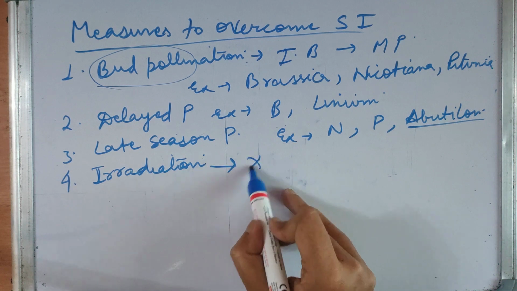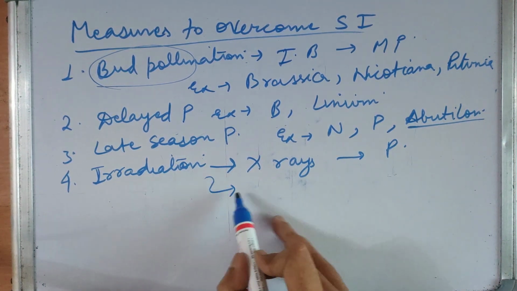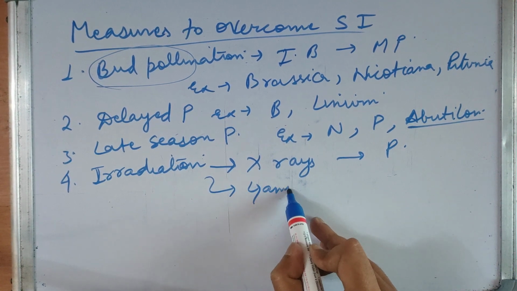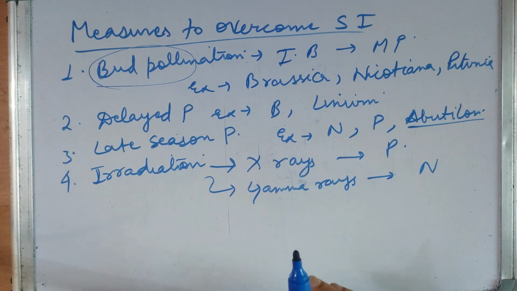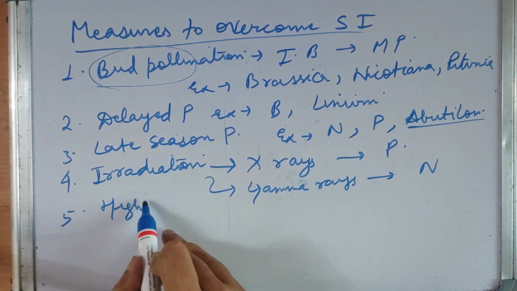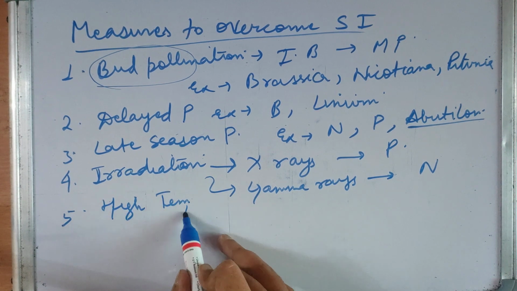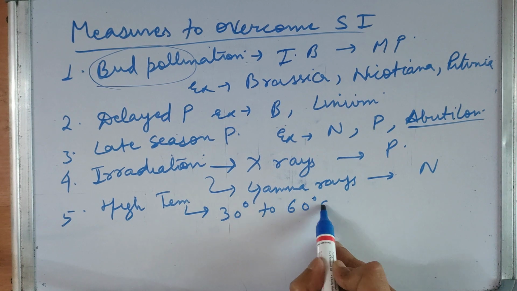We can do irradiation with X-rays, as seen in Petunia. We can also do irradiation with gamma rays. For example, it can be seen in Nicotiana. We can also use high temperature, that is temperature over 30 to 60 degrees Celsius.